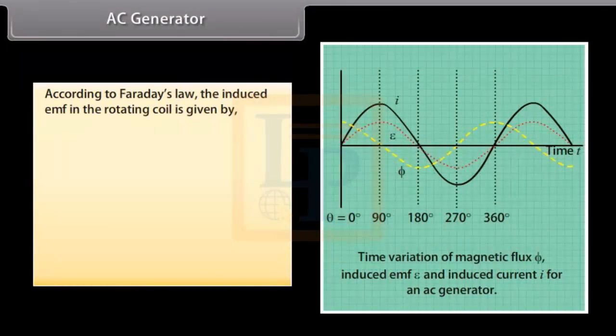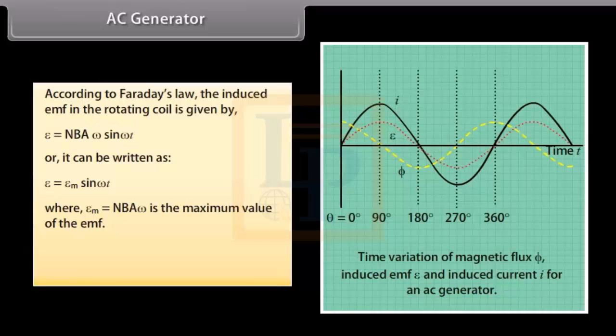According to Faraday's law, the induced EMF in the rotating coil is given by NBA omega sin omega t, or it can be written as E equals EM sin omega t, where EM equals NBA omega, the maximum value of the EMF. The induced EMF varies sinusoidally with time.